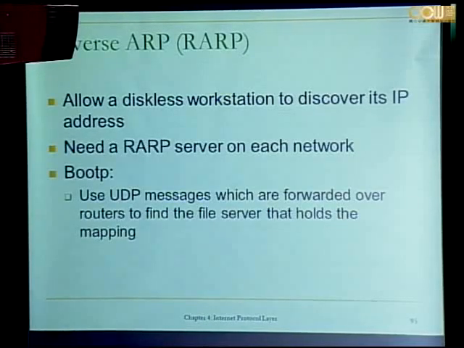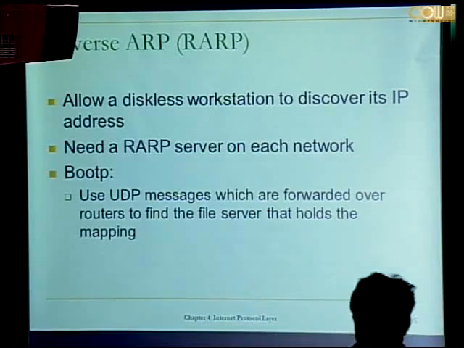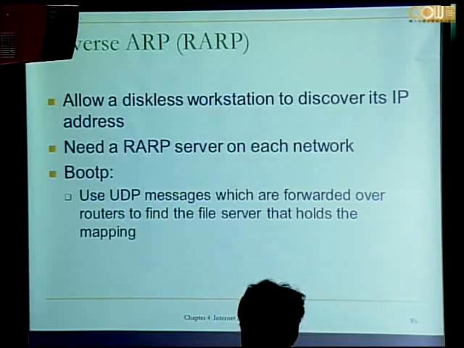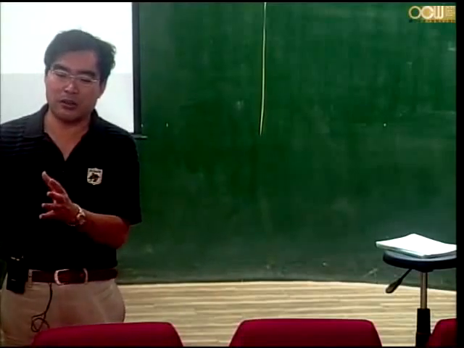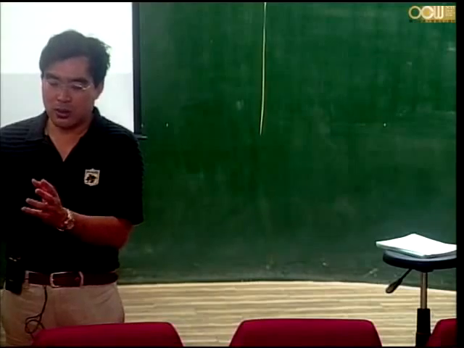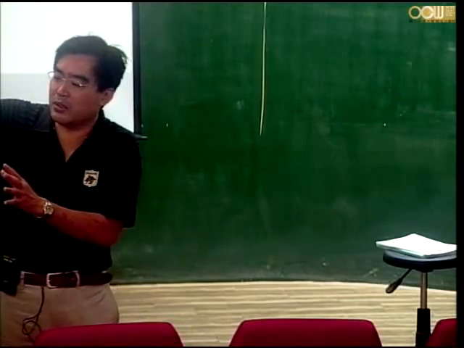So if I'm asking who has my IP address with an RARP request, and there's no RARP server, but there is a RARP proxy on the default router, then it would forward the RARP request for me onto another subnet.